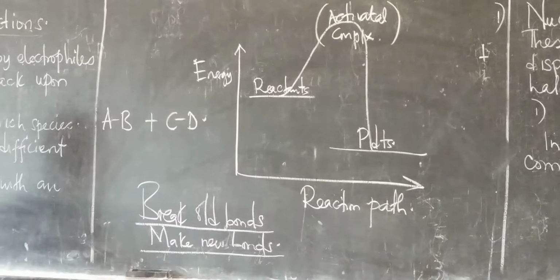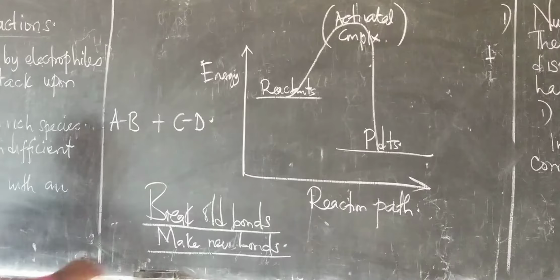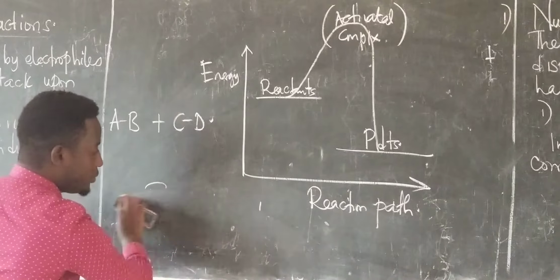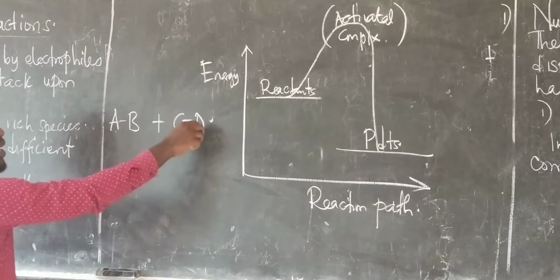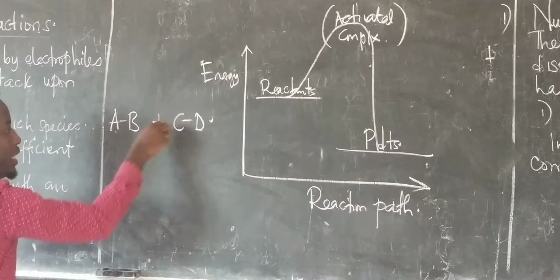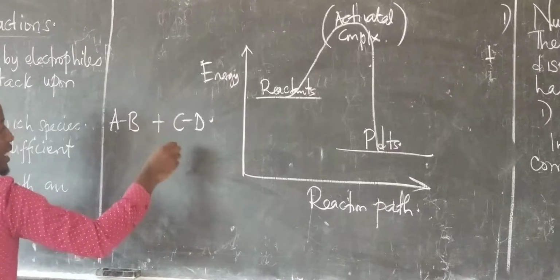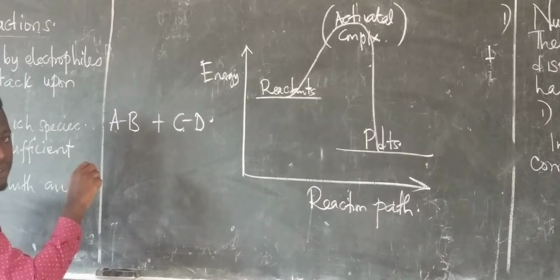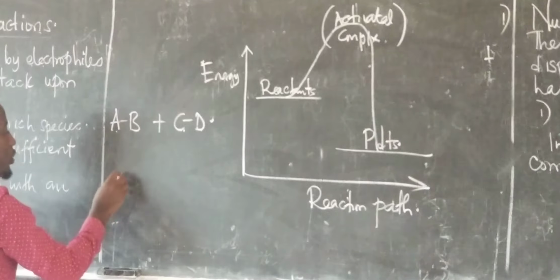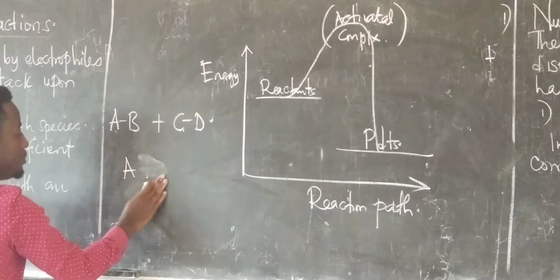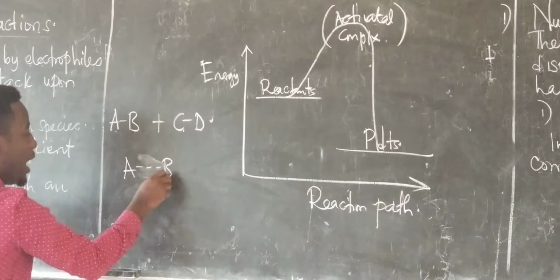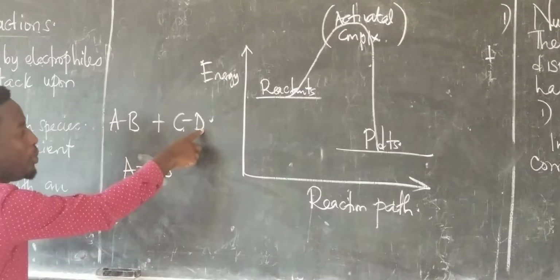We expect in this reaction, A to form a bond with D, then B to form a bond with C. Are we together? So it means I'm going to have A, B. This bond is trying to be broken, but we are still trying to form a bond with the D.